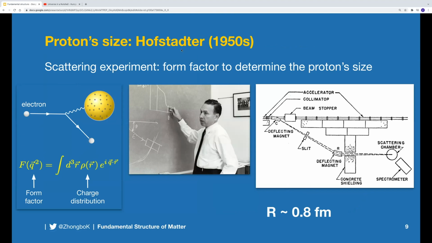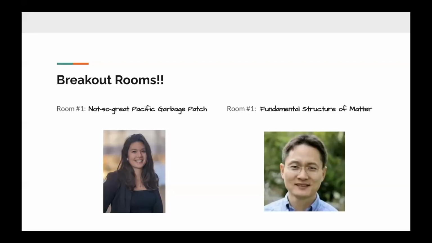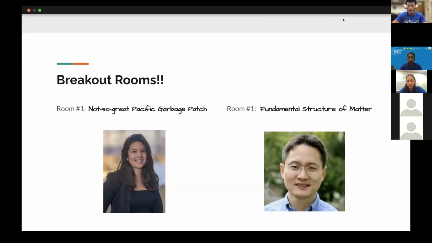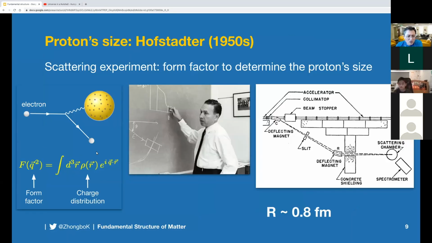So the scientists down at Stanford, through particle collisions from these scattering experiments, eventually came out with a number.